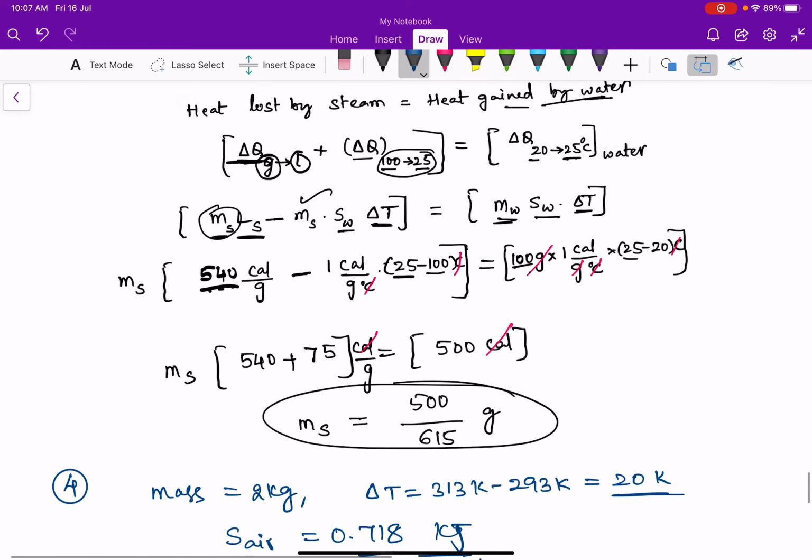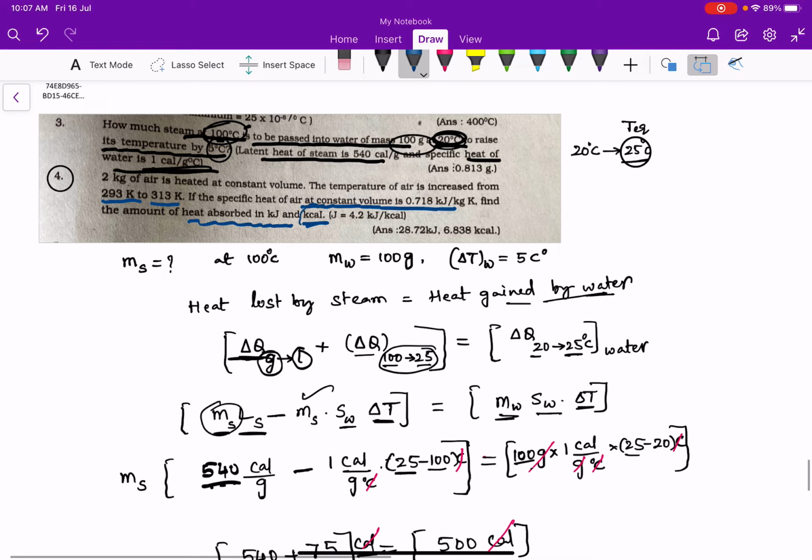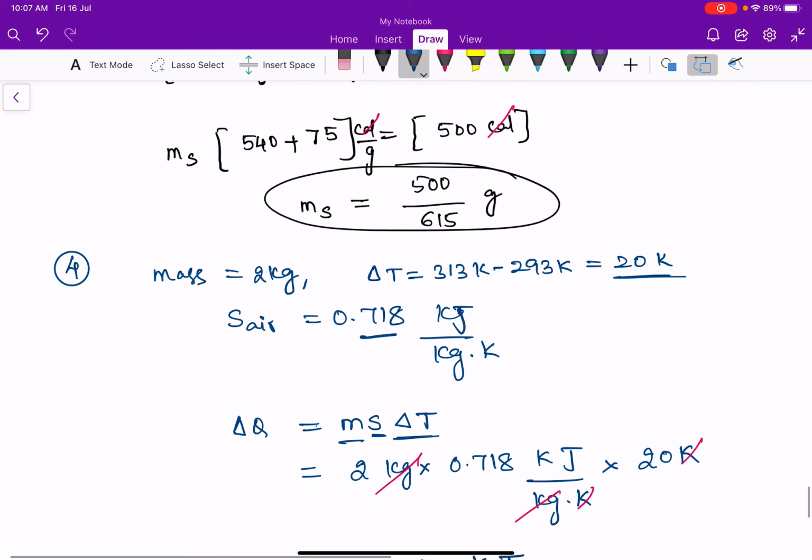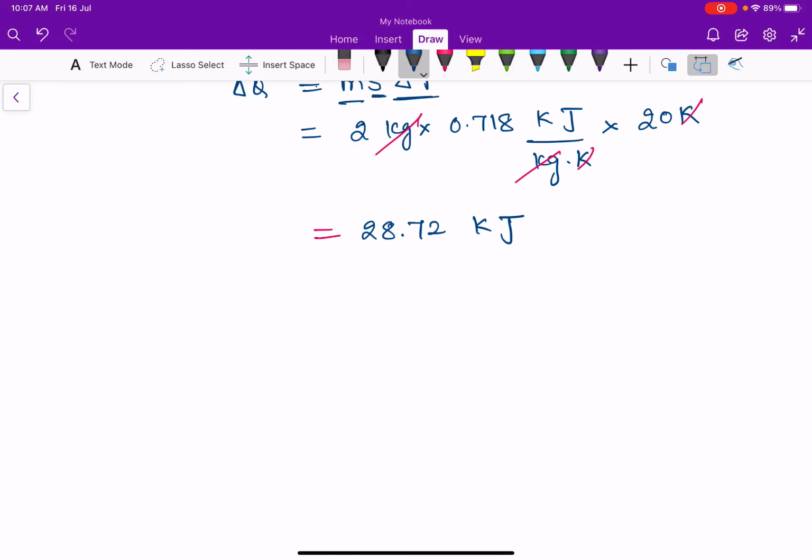And he has asked to convert into kilocalories also. So we know 1 calorie is equal to 4.2 joules. Multiply both sides with kilo, so 1 kilocalorie is equal to 4.2 kilojoules.